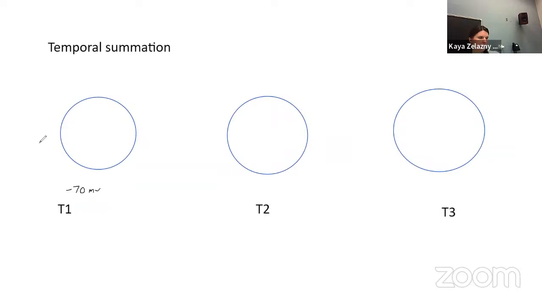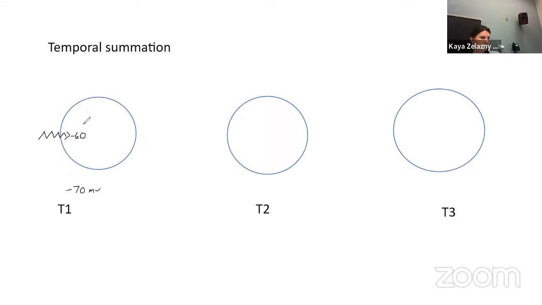We're going to think about a graded potential coming in here, our stimulus, let's say, changes this membrane potential by 10. So let's say here, we're going to get to -60 at this part of the membrane.